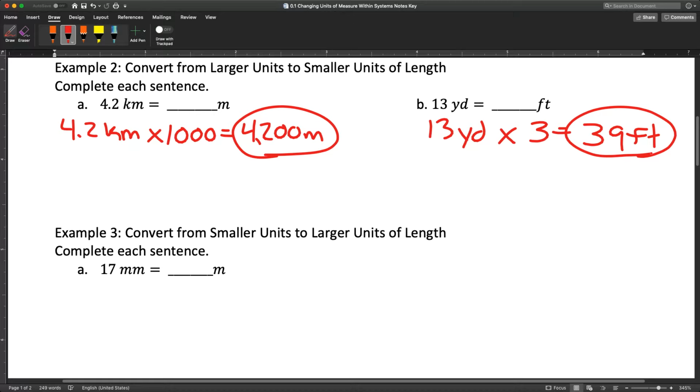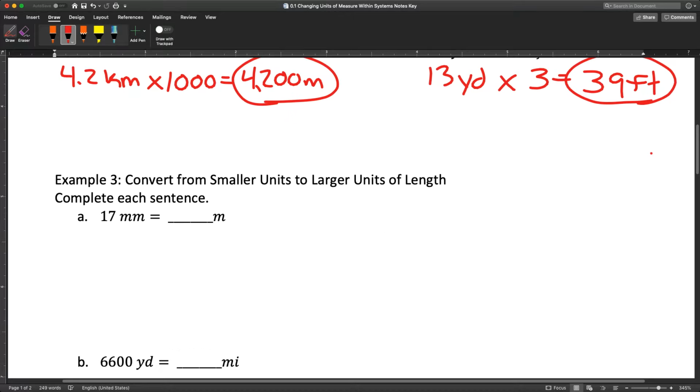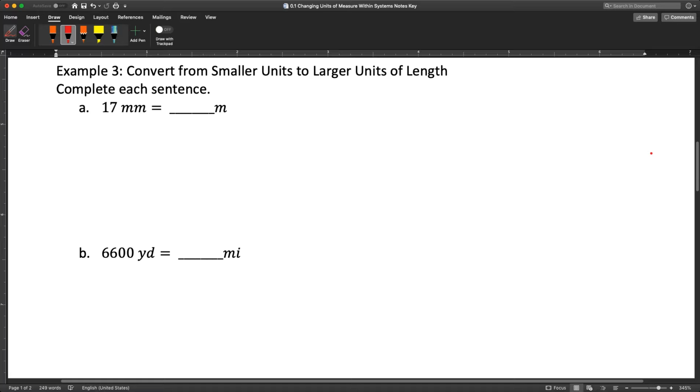Now we're going to move on to example 3, and we are going to convert from a smaller unit to a larger unit. And again, if you make reference to the top of the page, you will see that when we convert from a smaller unit to a larger unit, we are going to divide. When we first take a look at this, you will notice that it is millimeters to meters.